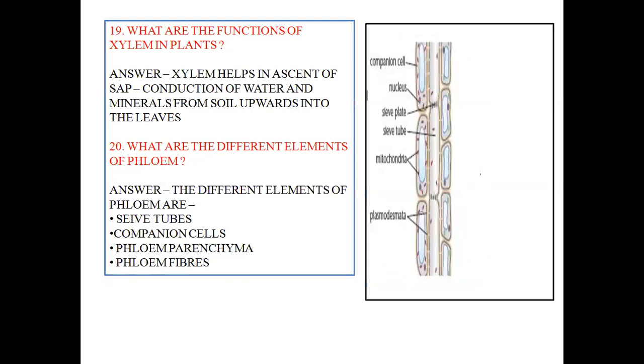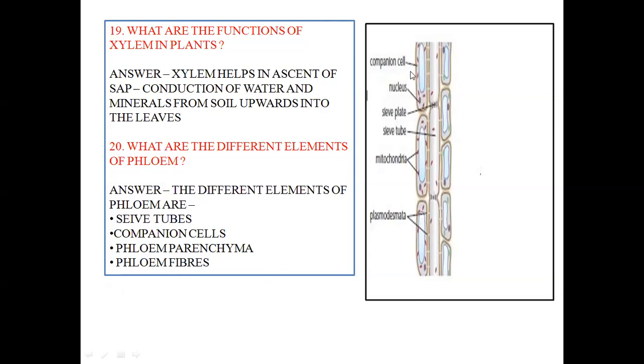While in case of phloem, all the cells which you can see, that is the sieve tube, companion cell, phloem parenchyma, and phloem fiber, all are living, except for the one which is dead, that is the phloem fiber. Sieve tube, companion cell, and phloem parenchyma are all living.